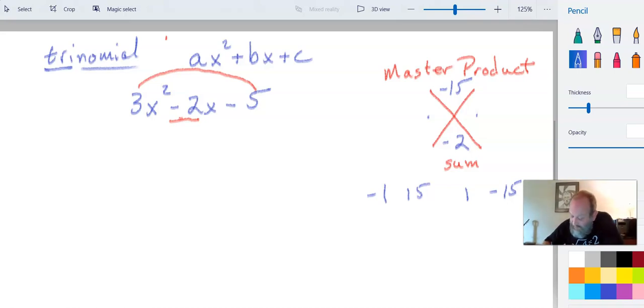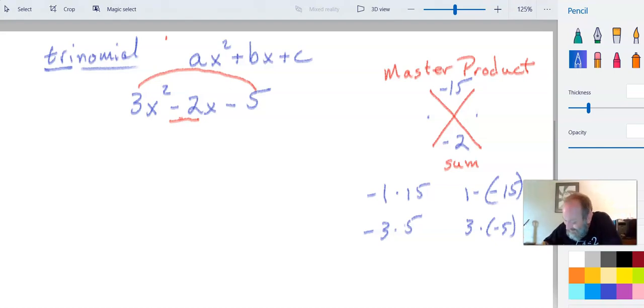So I'll look at my 3 and 5. Let's look at negative 3 times 5 and 3 times negative 5. They both give me a product of negative 15, but when I add them, negative 3 plus 5 is positive 2.